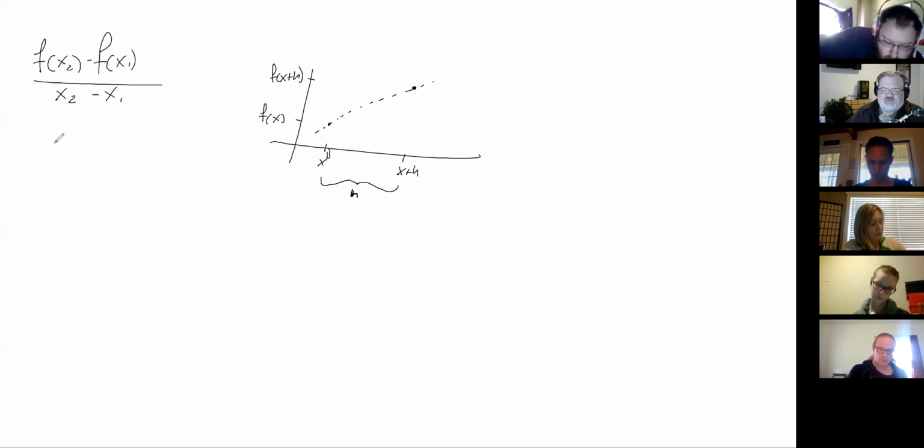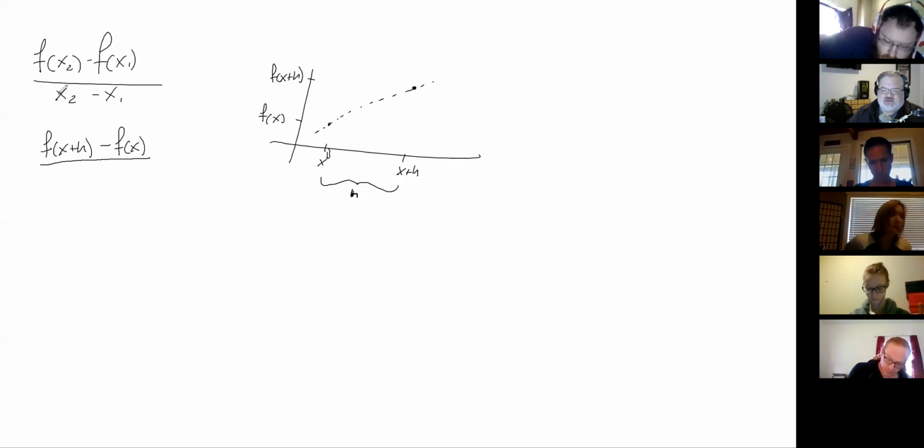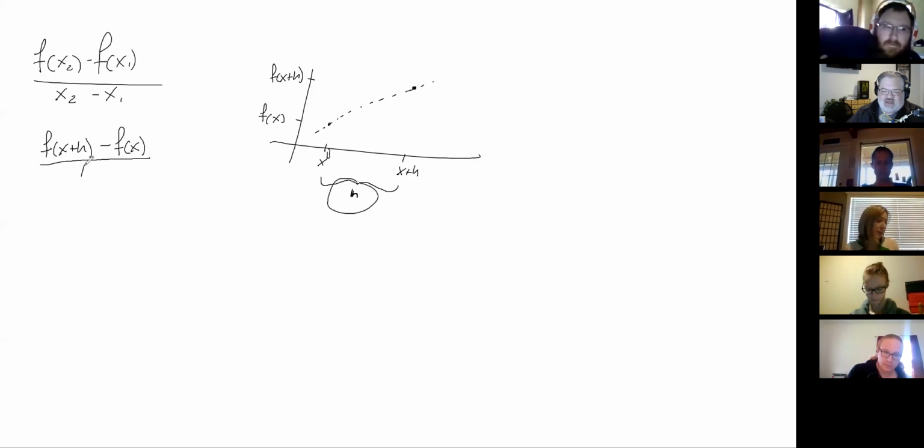What that does to our formula up here, it does turn this f of x2 into f of x plus h, minus this f of x1 is just our good old plain f of x. And one of the reasons we do this is this denominator here, this x2 minus x1, that difference is just this nice length h.